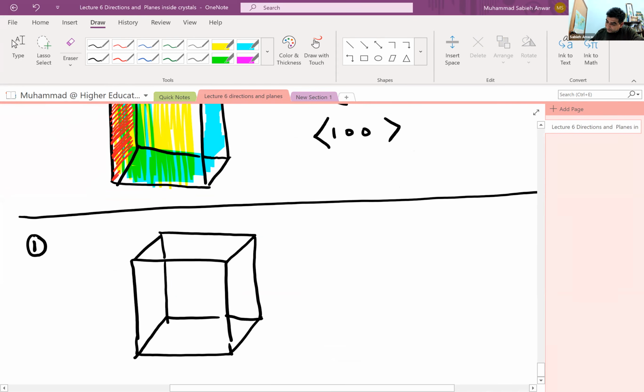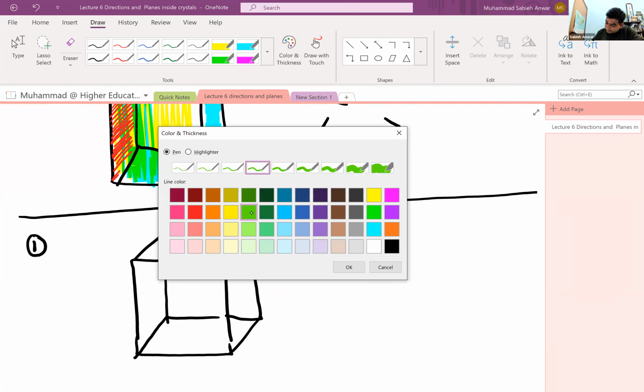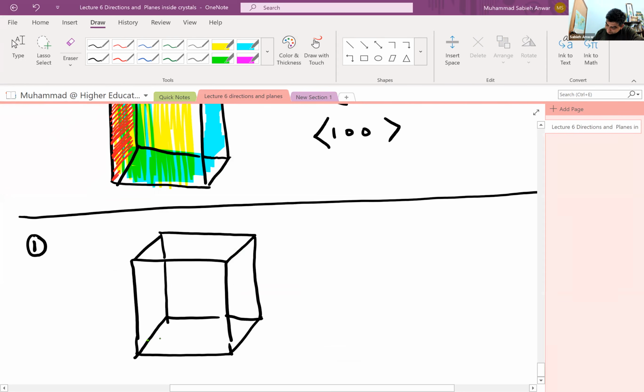So let me draw a particular plane. If this is my x-axis, this is my y-axis and z-axis, can you immediately tell the Miller indices of this plane? 2, 1, 2, correct?